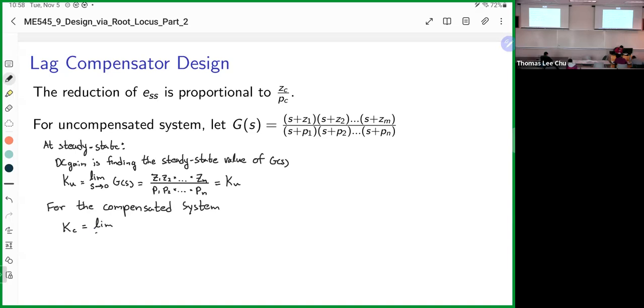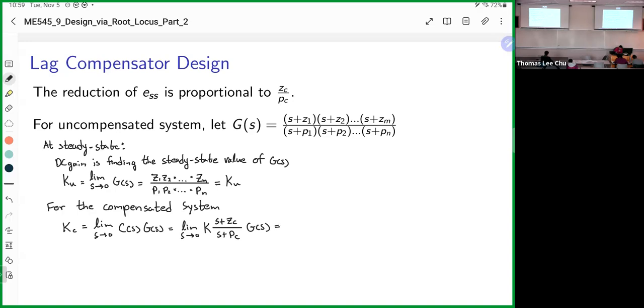It's going to be the limit as S goes to 0 of our compensated system, which is our controller C of S multiplied by G of S. And that's going to be equal to the limit as S goes to 0 of K times S plus ZC divided by S plus PC multiplied by G of S. I'm not going to write it out.